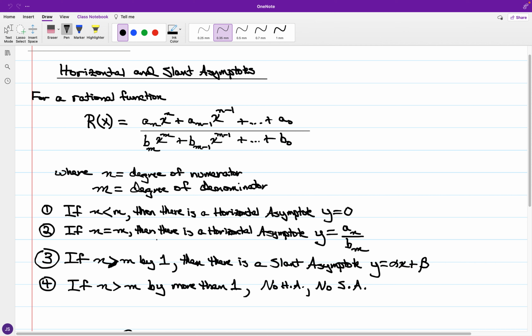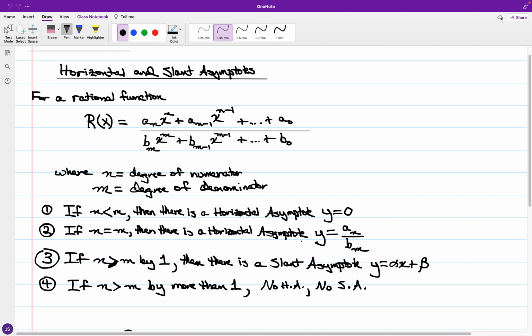And if the degrees are the same, there's going to be a horizontal asymptote which will not be the x-axis, like y is equal to 0, but instead you will have y equal to the constant that comes from reducing the ratio of what we have in the highest degree terms.